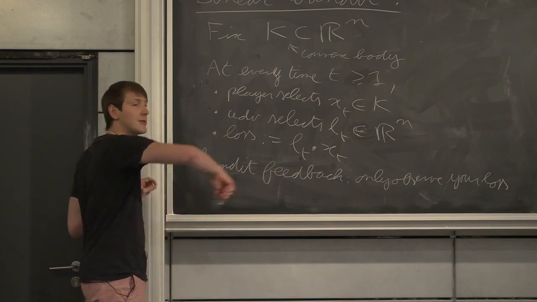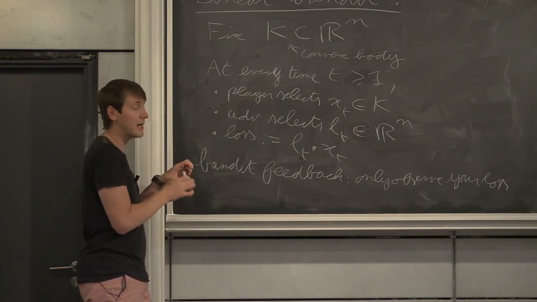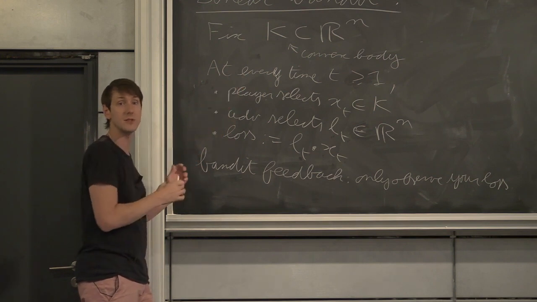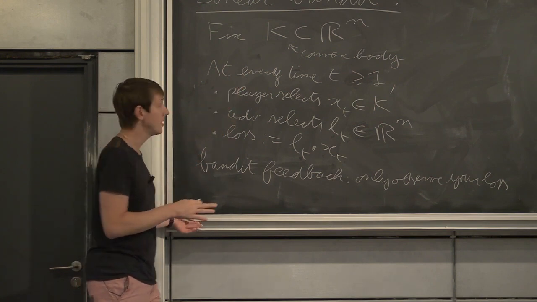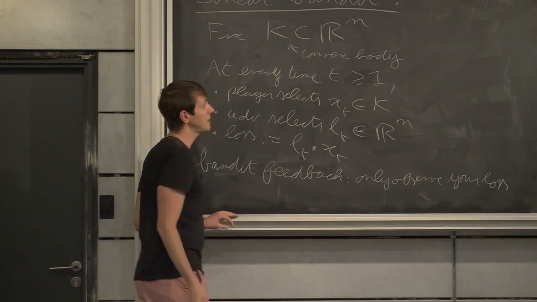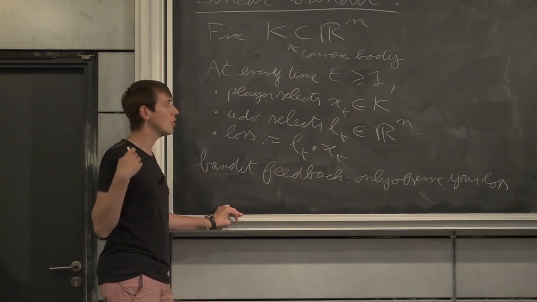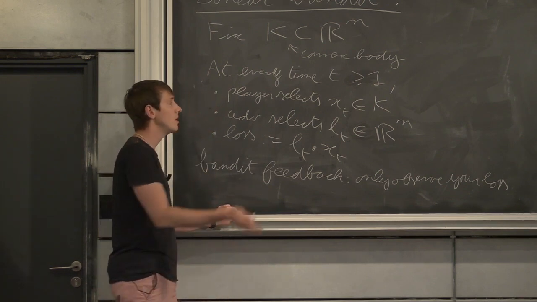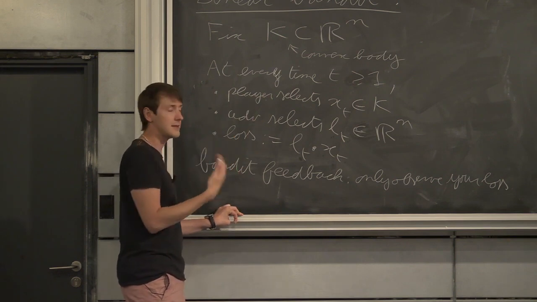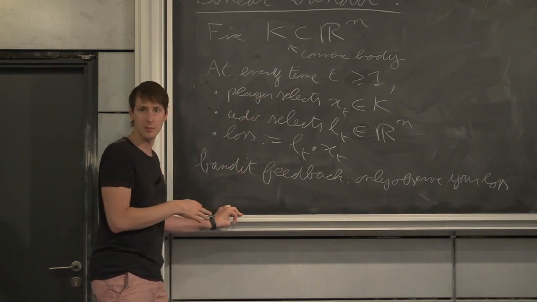So if you select a path in your graph, you're just paying the sum of the losses on all the edges in the path that you selected. So one huge application of this is to revisit all of combinatorial optimization under the lens of online decision making with bandit feedback.